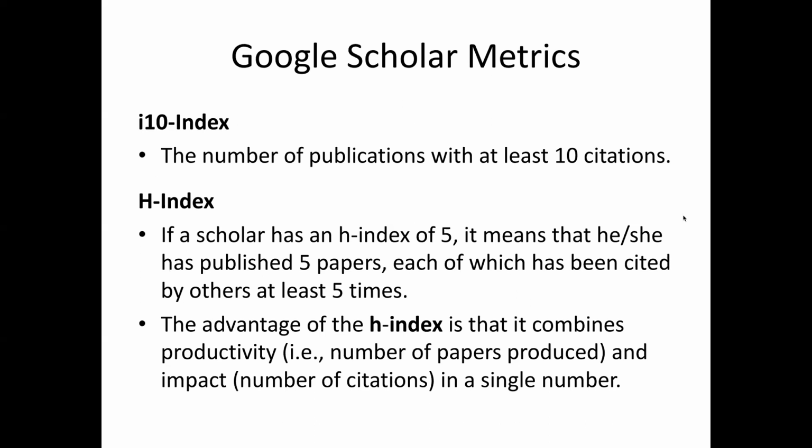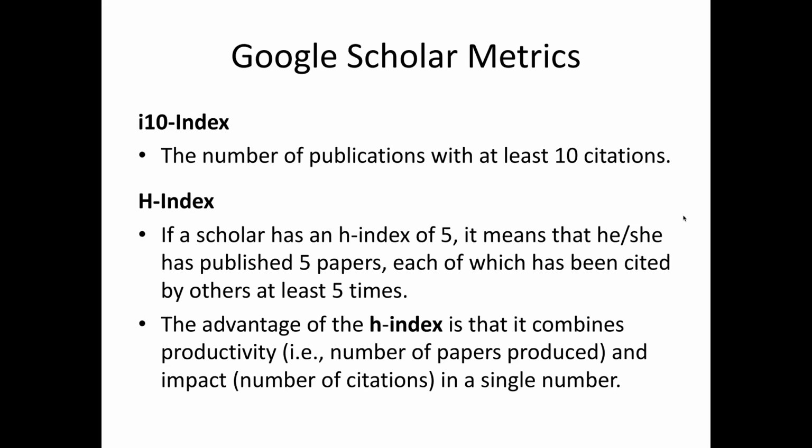So if a researcher has an H index of 5, it means that he or she has published 5 papers, each of which has been cited by others at least 5 times. I hope that is clear. It's a bit confusing, but the advantage of the H index is that it combines productivity, that is the number of papers published, and the impact, that is the number of citations, in a single number.